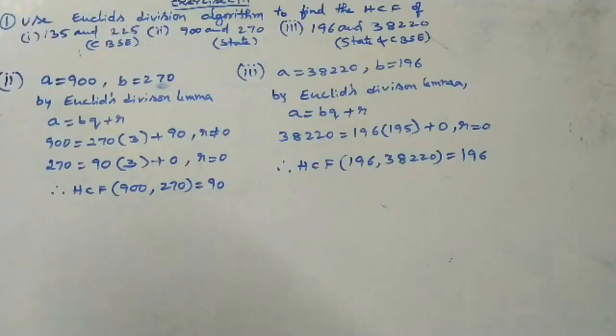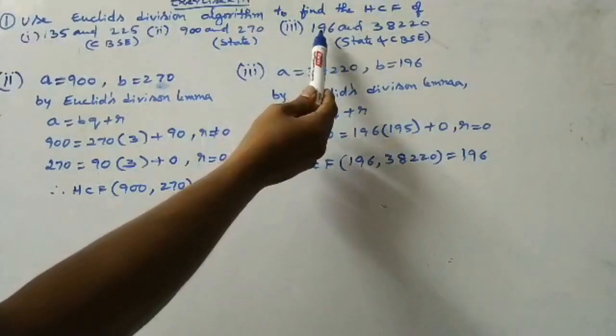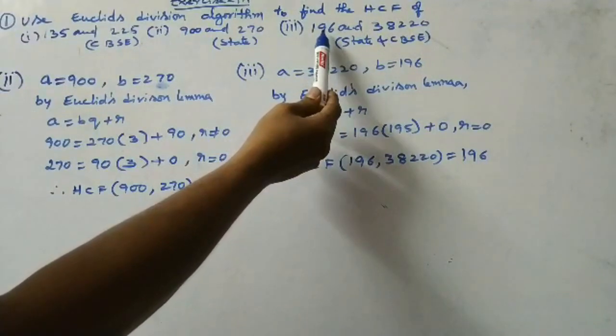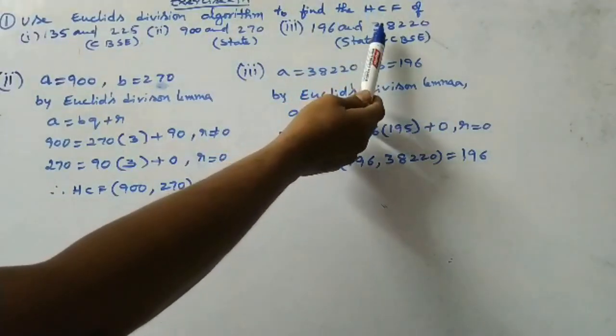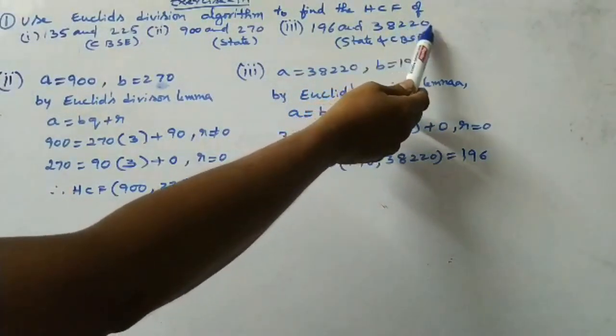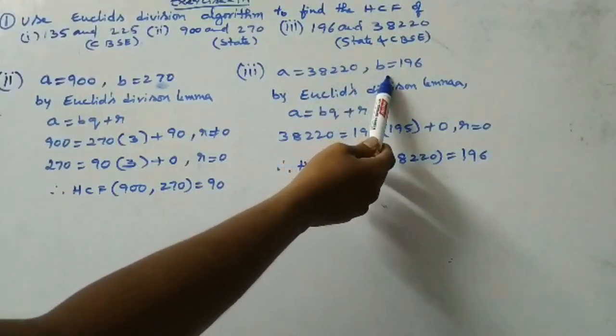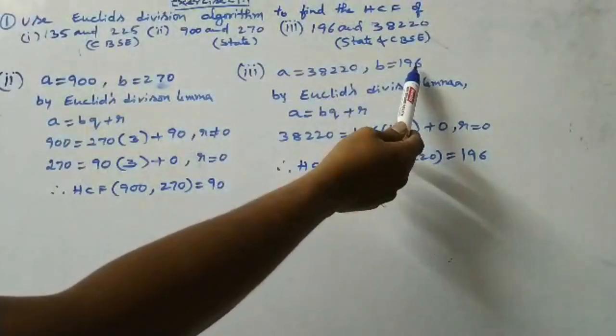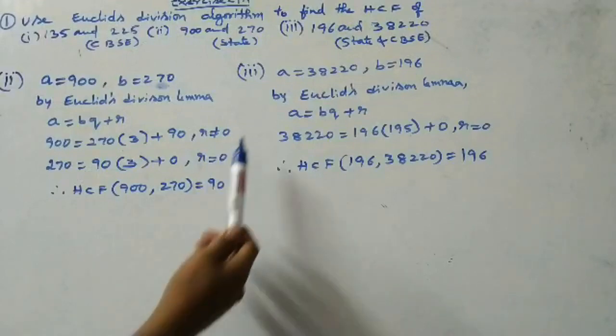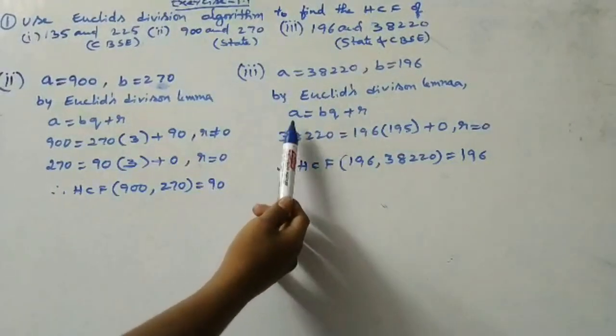One more sum, the third one. A is the biggest number, 38,220, and the smallest number is considered as B, 196. Again we will apply Euclid's division lemma.